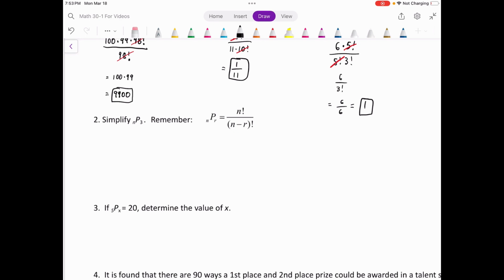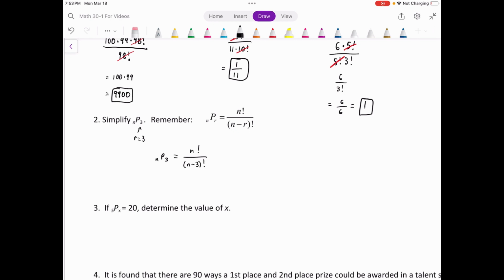So with that in mind, n permute r, our r is just 3, n is just n in this case, and they want us to simplify. So writing out that equation, n permute 3 is just n factorial, because all we have is n here, there's no actual number, over n minus 3 factorial.